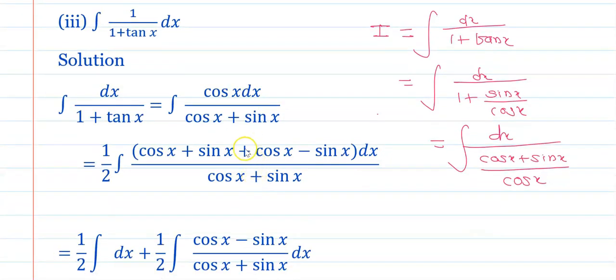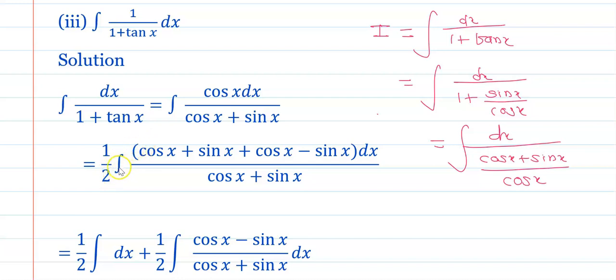Next, here one more arrangement. We can arrange this numerator just like the denominator. How is it? Already there cos of x is present there. We can write here cos of x plus cos of x means what? 2 times cos of x. But we have only 1 cos x. That's why we have arranged here 1 upon 2.